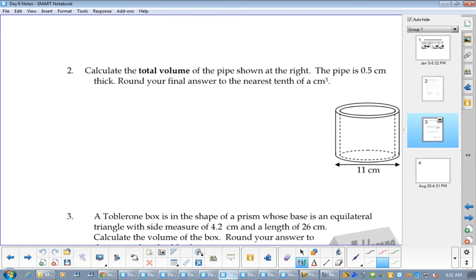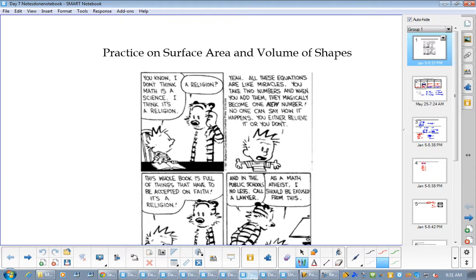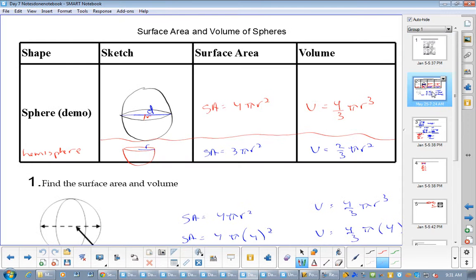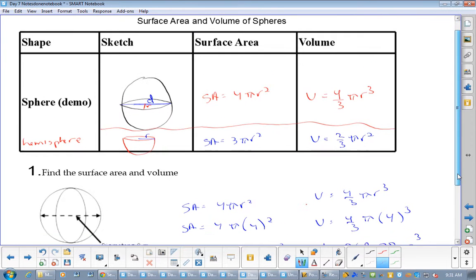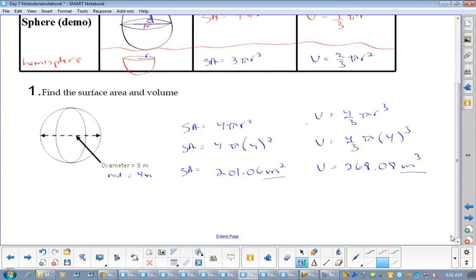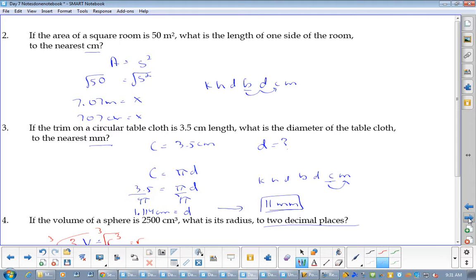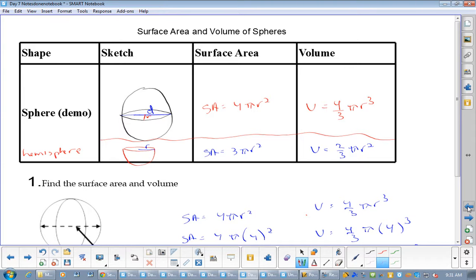Okay. Then the next was practice on surface area and shapes, but mostly spheres, right? Anything that was weird about spheres? That is on our formula sheet, right? But maybe you might forget later.